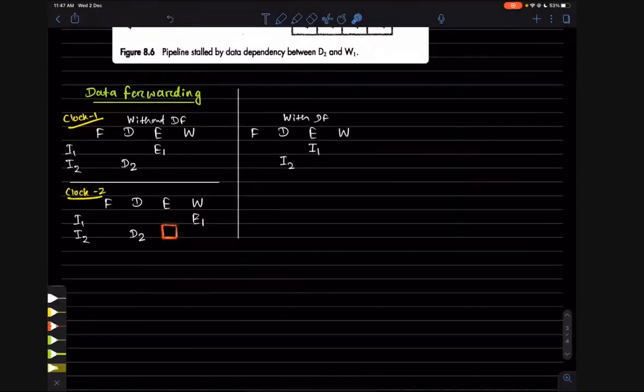So with data forwarding, what will happen? Let me copy this part. In clock cycle number 2 with data forwarding, why wait for the writing phase? Why not forward the data to the next instruction?